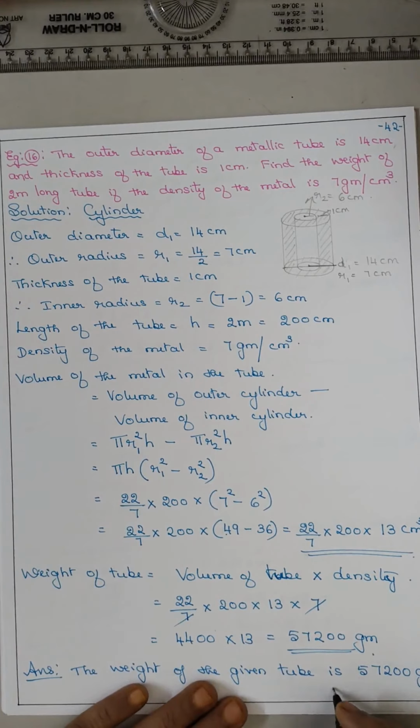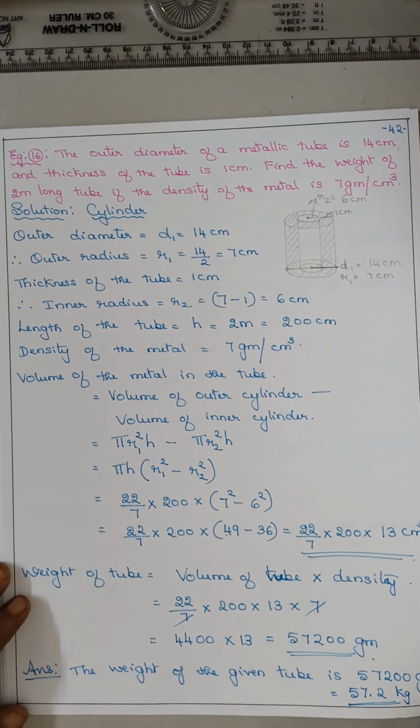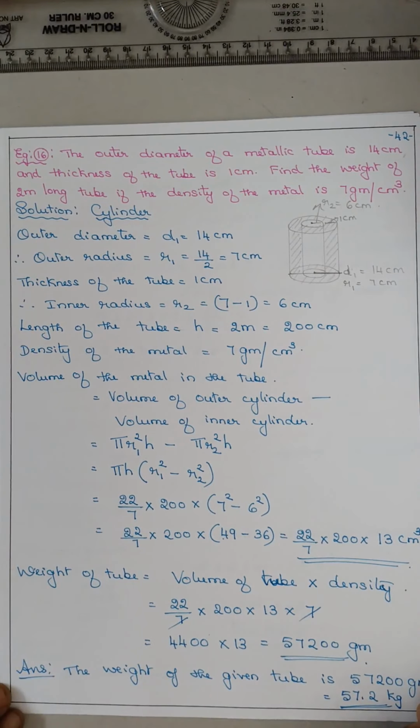If it is in kg, 57.2 kg. Gram to kg, divide by 1000. So 3 decimal places to the left, you have to put the decimal place. Hope everyone understood. These are 3 examples. The example 16 is a little bit lengthy. Hope you understood.